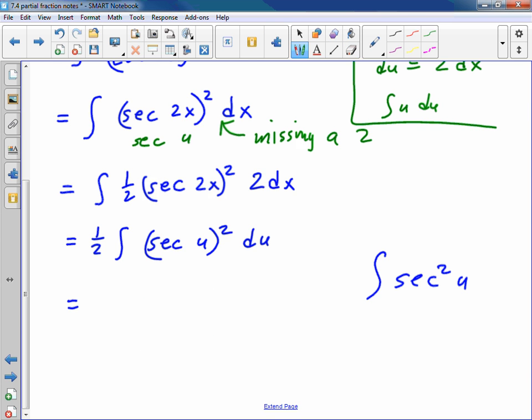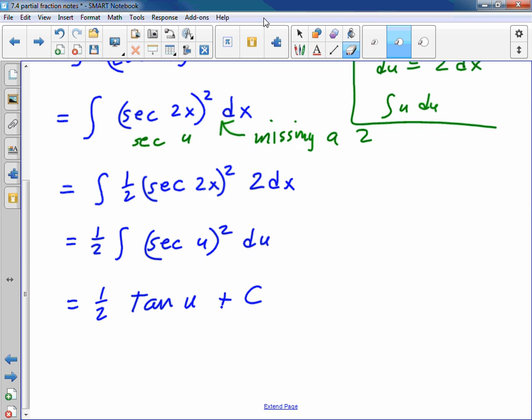So we have equals 1/2 times. Right. So 1/2 tangent u plus c, and life is good. Nice find, Tom. Which one was that? Look on your table of integrals, number 92, and make sure that you can dig that.